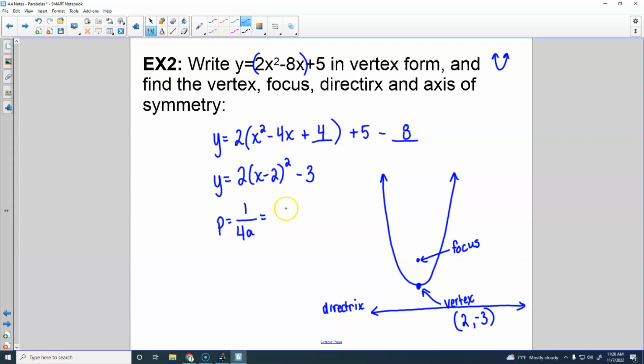What is our A here? 2. So it ends up being the same as the last problem. I should probably change it so we're not getting the same numbers again, but I'm also using 0.125 for that. So we got 1/8.